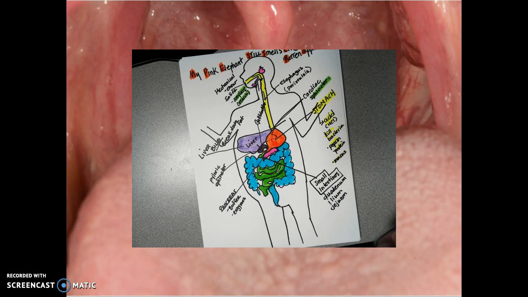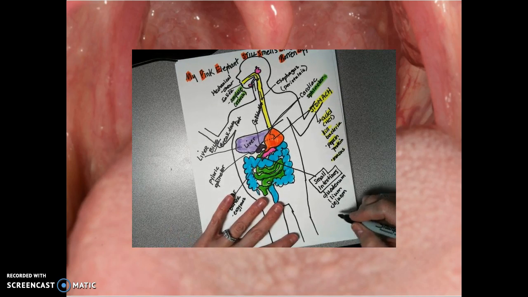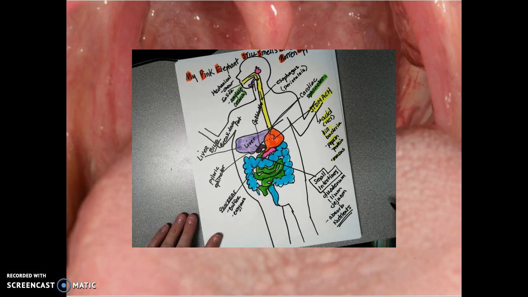And there's a tube from the pancreas called the pancreatic duct, which also empties into the small intestines, and all of these things help to break things down more in the small intestines. One of the main functions of the small intestines is to absorb nutrients. Almost all the nutrients are absorbed in the small intestines.